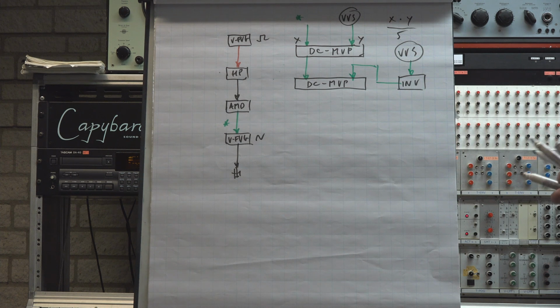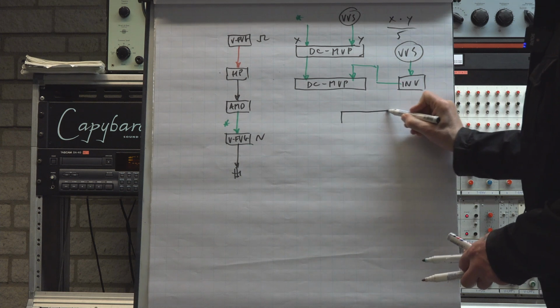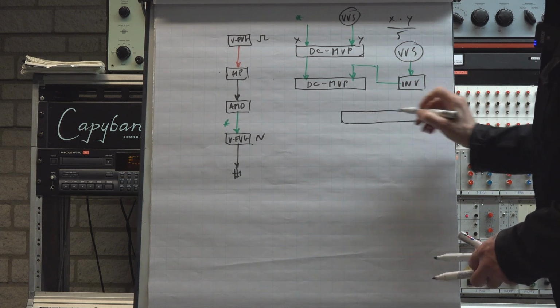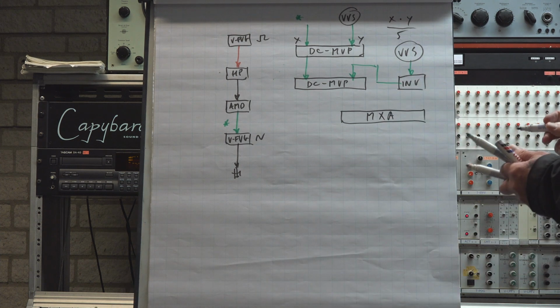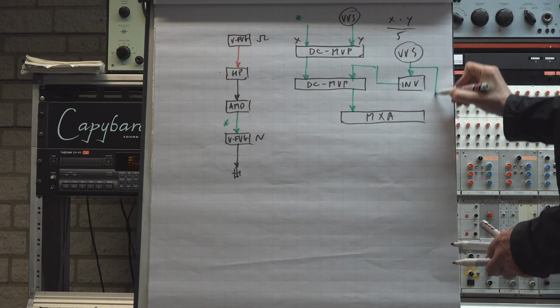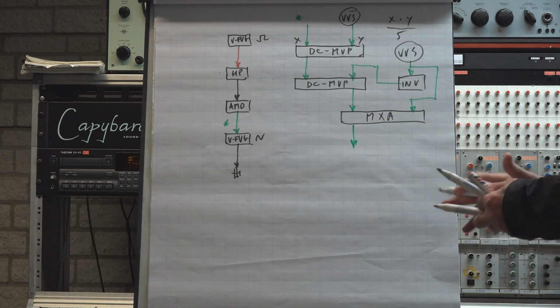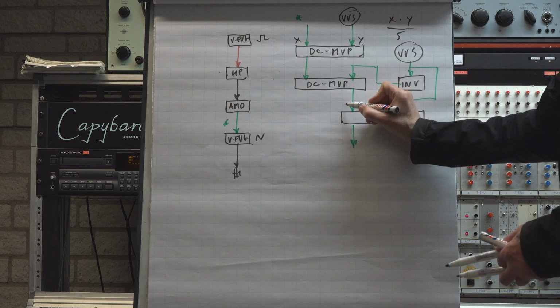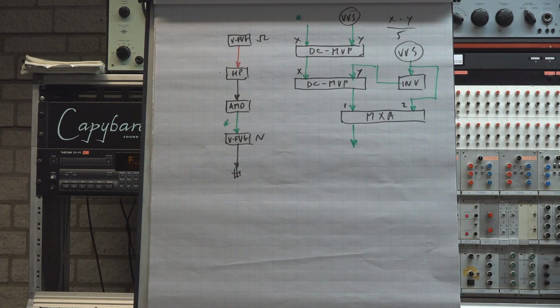Because I'm going to invert it, but I'm going to add the original, so the uninverted. I'm going to mix that with the output of the second DC multiplier. So this starts to look a little bit more complicated, but it is actually not complicated at all.